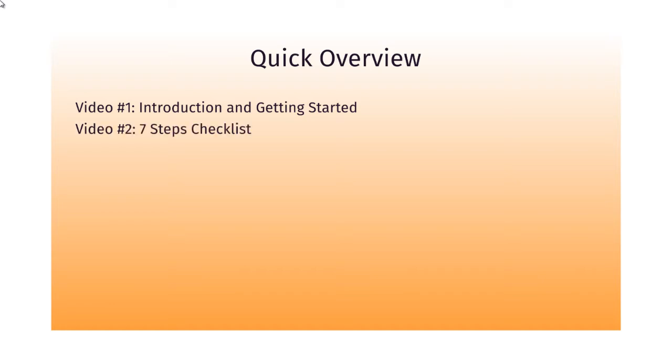Now what I want to do is talk about the video course itself and give you a quick overview. This is video number 1. Video number 2 is the 7 steps checklist. In videos 3, 4, 5, 6, 7, and 8, we're going to dive deeper into those 7 steps.